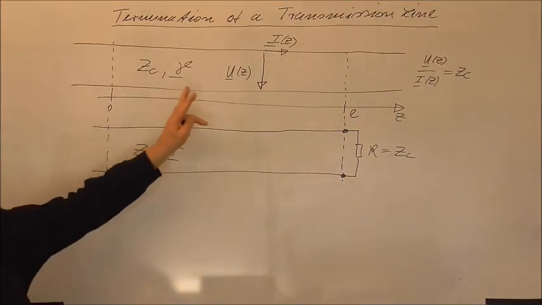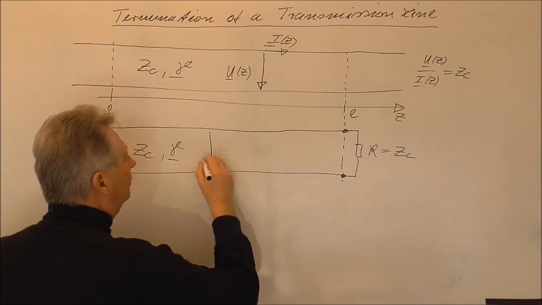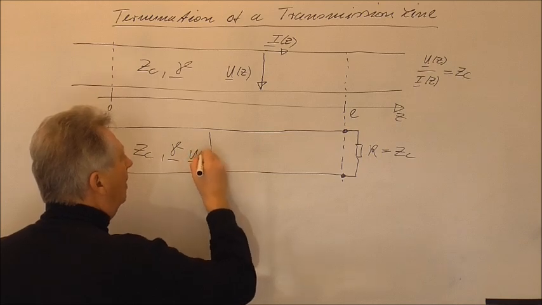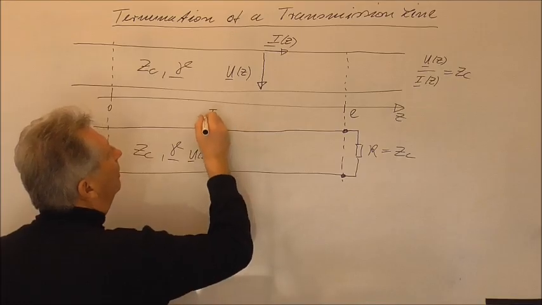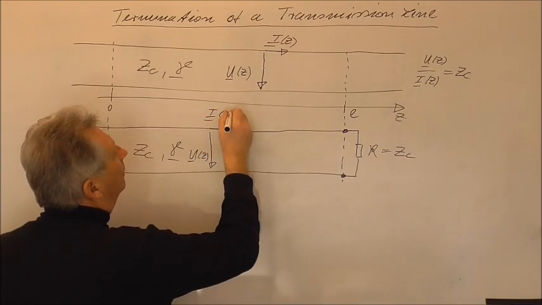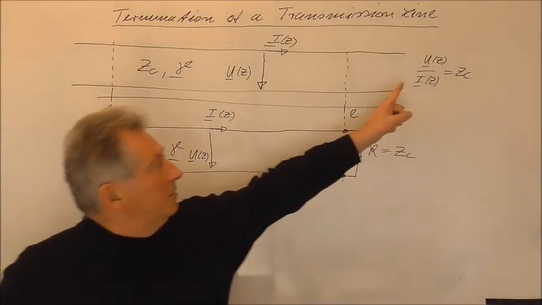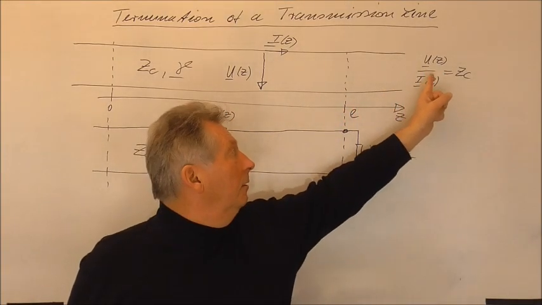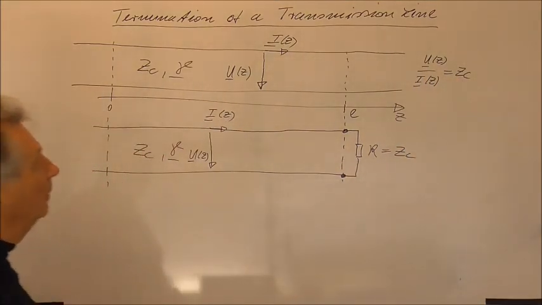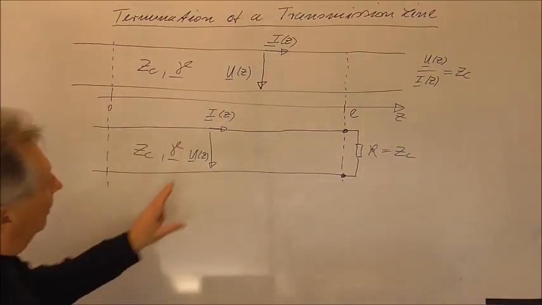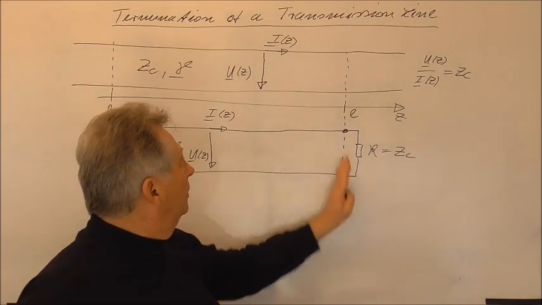So if I consider the same wave now traveling in the positive z direction, of course, then always the ratio of voltage and current is given as before by the characteristic impedance. But what will happen now if this wave comes to the point L?